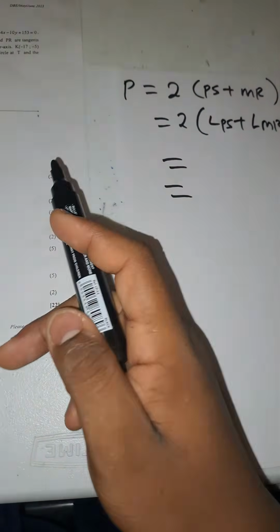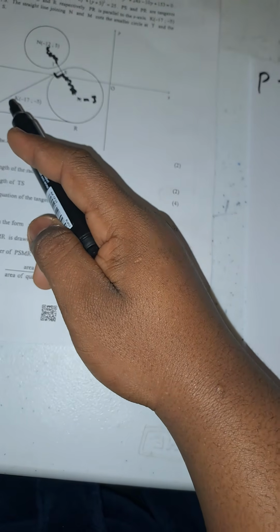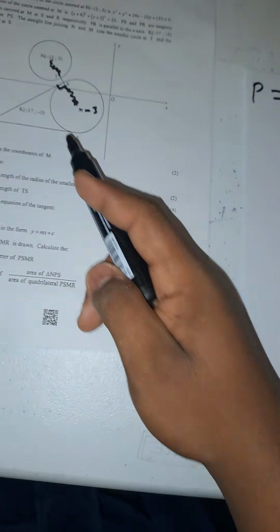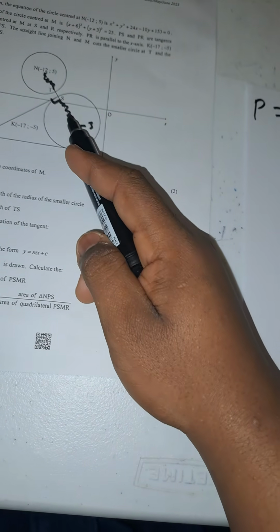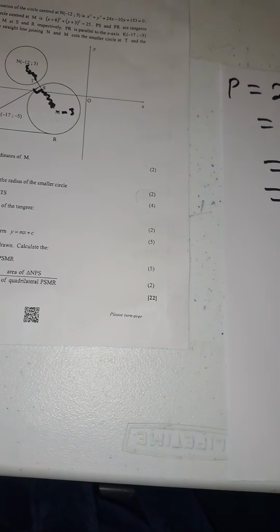You have an equation and the midpoint here. You can use your mathematics and get the length of PS, and get the length of MS. You see, it's very simple.